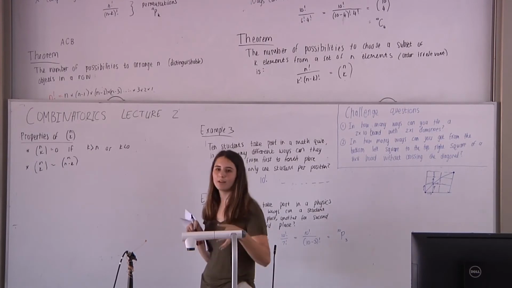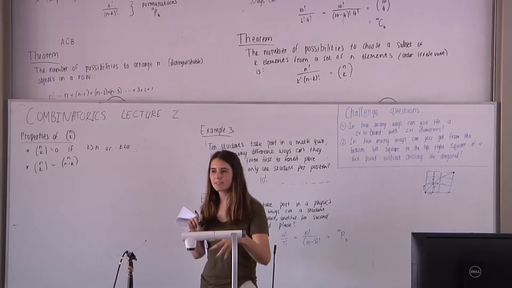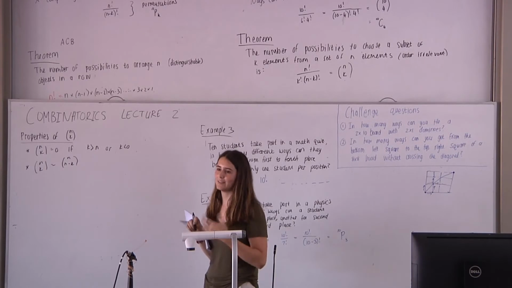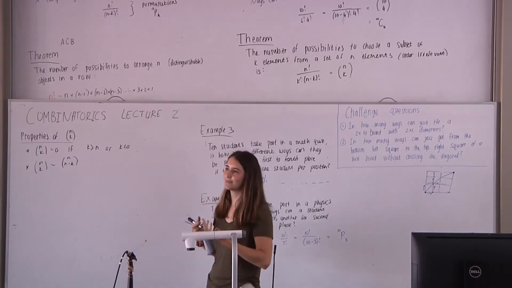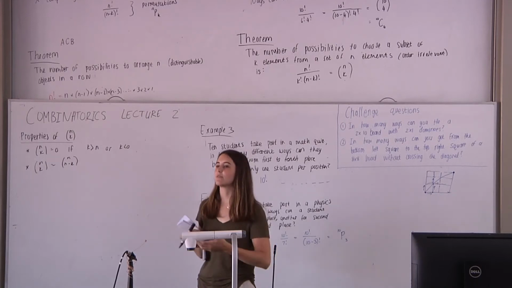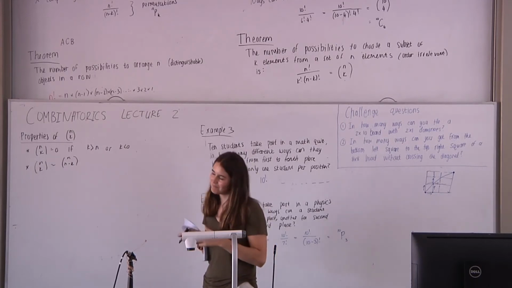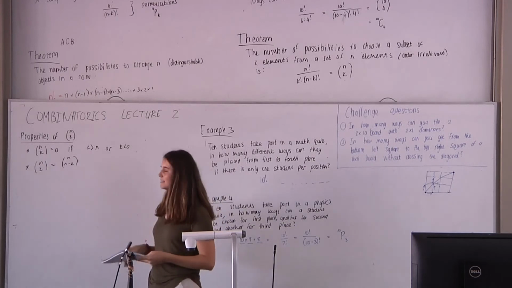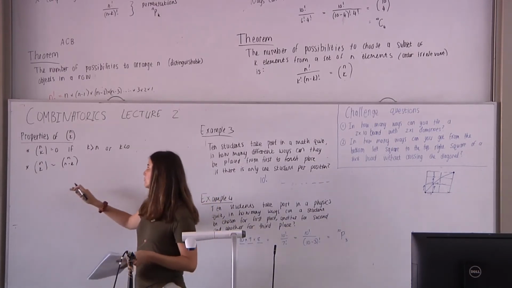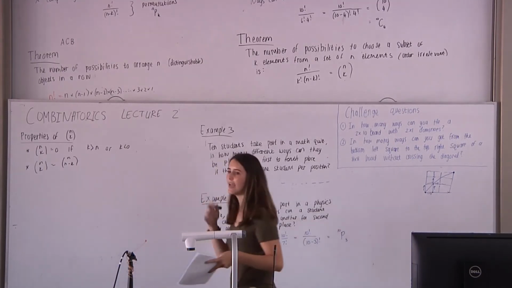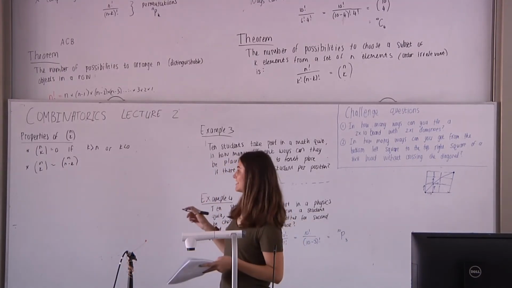So if you have 5 kids and you need to pick a team of 6 from them, you can do that in no ways because you only have 5 to pick from. Similarly, I can't choose -1 sweets from a pack of 50 sweets because it's not possible, so that's 0. The second property is that n choose k is also equal to n choose n minus k.